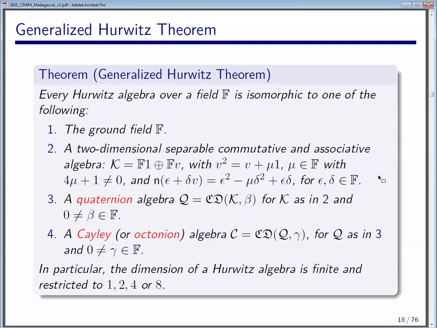If you consider it as a real algebra, it's no longer a composition algebra, because the norm takes values in the complex numbers. It is not a quadratic form over the real numbers, and there is no way of adjusting things. It can never be considered as a Hurwitz algebra over the real numbers.